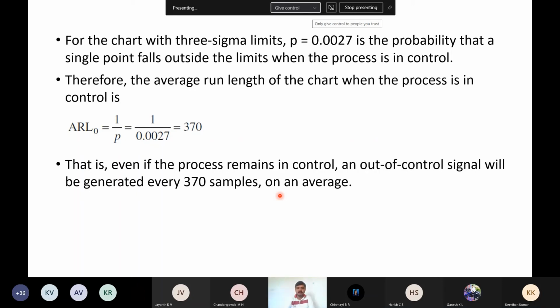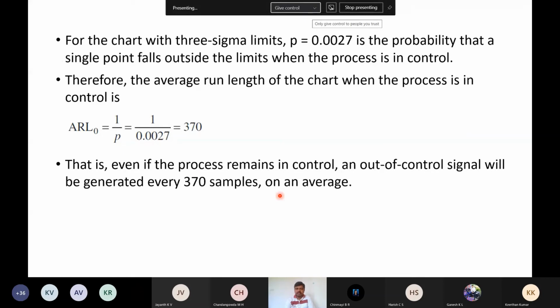This is another way to decide on sample size and sampling frequency. Now you will get an idea. Sampling frequency should be after 370 samples. What is the time that will be taken to produce these 370 samples? Based on that, you can decide on sampling frequency. Suppose you are manufacturing 1000 units.